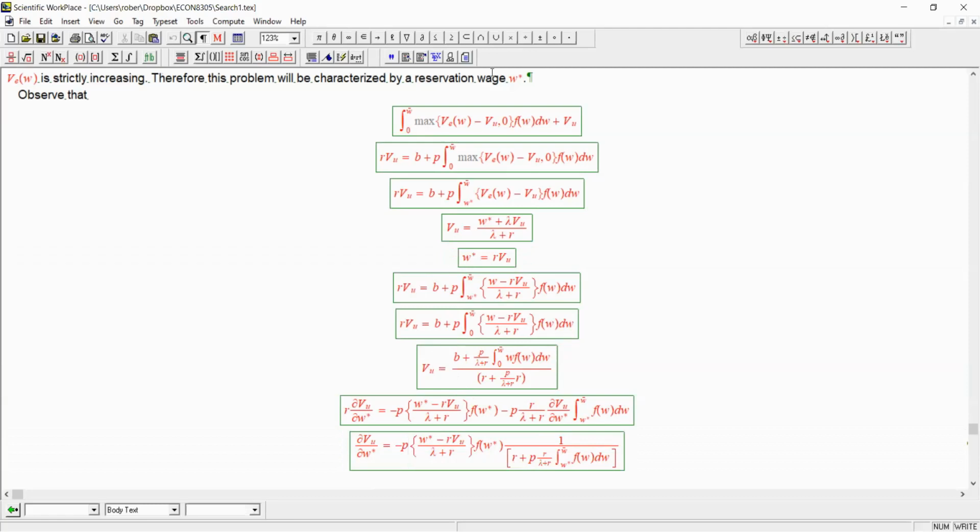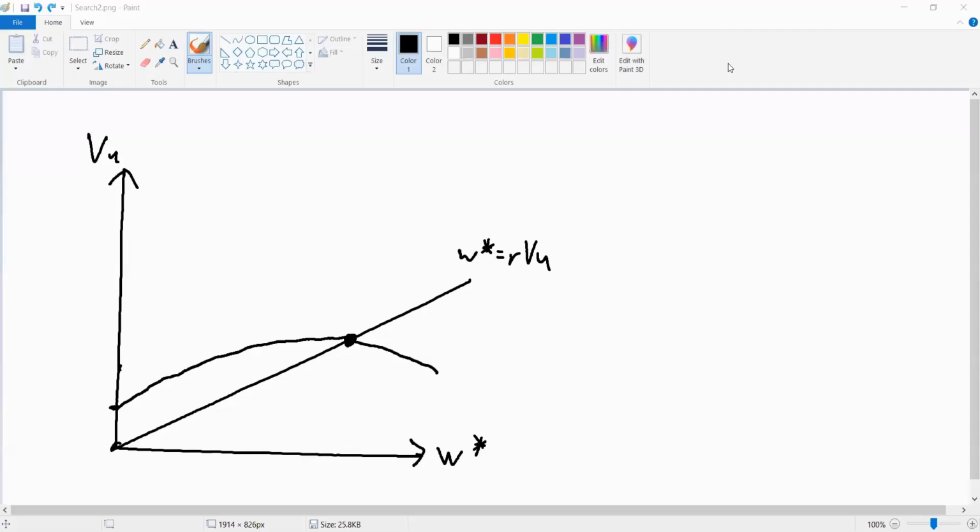Let's go back to the picture to get some geometric intuition. So here's what we've shown. Remember, the first line, W star equals R VU, is an increasing linear function with slope 1 over R. And the other one starts at a positive value, and therefore, since it's above this line, its derivative is positive.